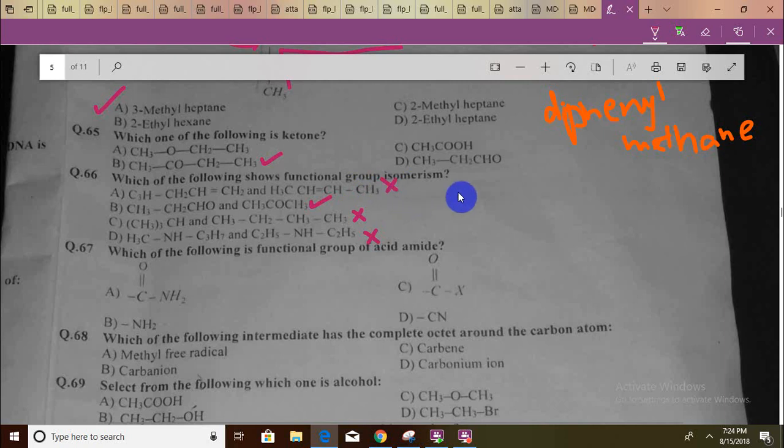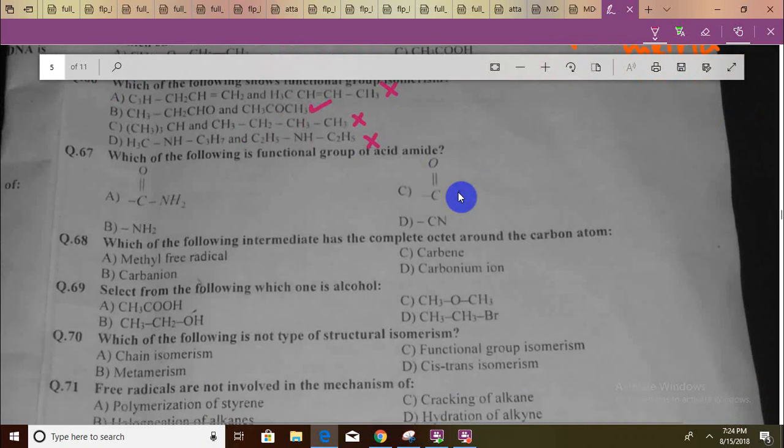There is a distinction. So now they're asking about the functional group of acid amide, and this is it. This is for acid halide. This is cyano or a nitrile functional group, and just that is for amine.